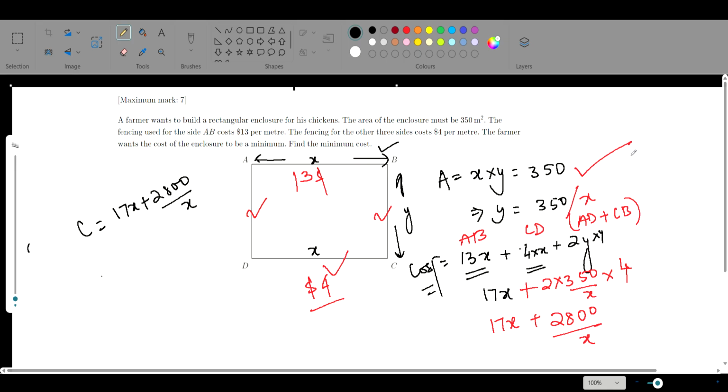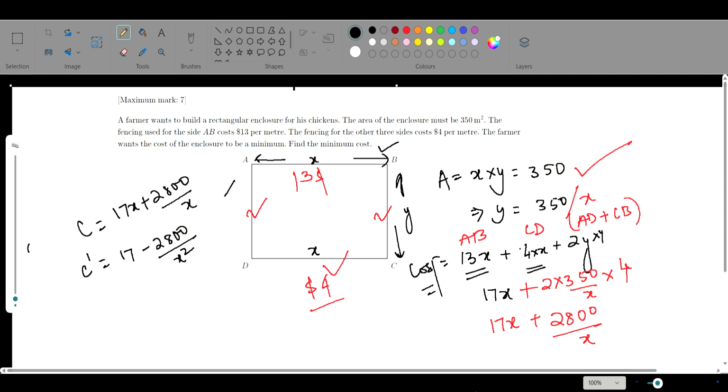We are looking for the minimum cost. So first I'll differentiate this cost function, which comes out to be 17 minus 2800 upon x squared. We can use the calculator over here, the solver, to figure out the value. How did the 2 times, where did the 2 come from? The 2 comes from AD and BC.